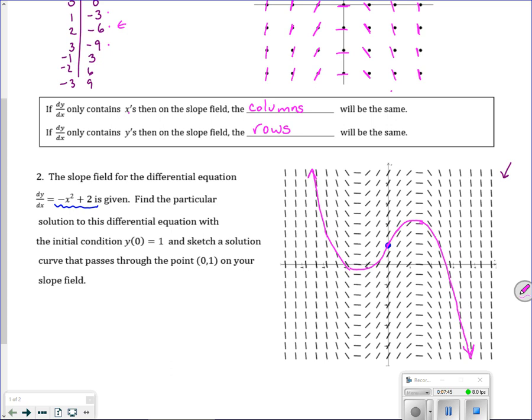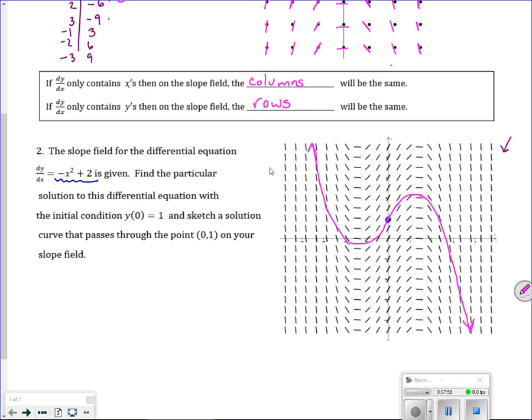So it looks like that. If it says sketch a solution curve, that's what it would look like. Now, obviously, depending on the point they give you, the solution curve would look a little different, and we'll practice that on the back as well. If it says to solve this differential equation, we've done this before. What do we do when we have dy/dx equals negative x squared plus 2?